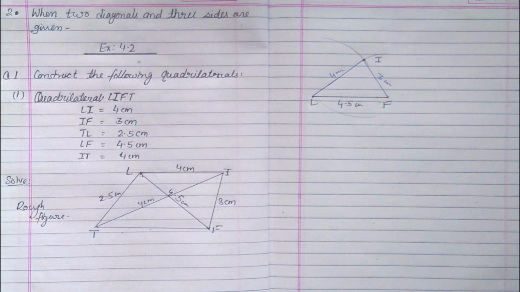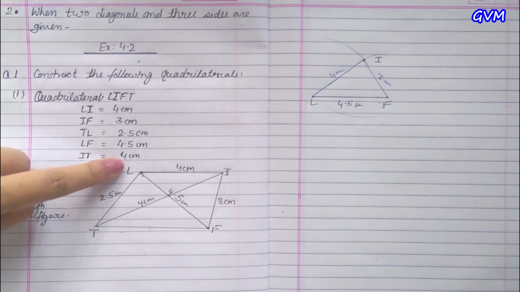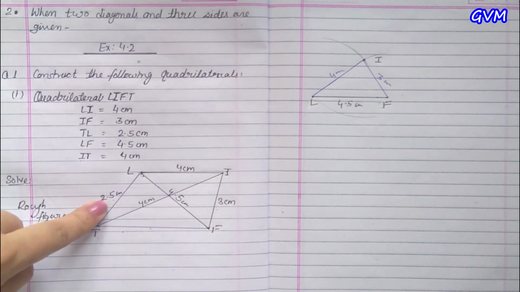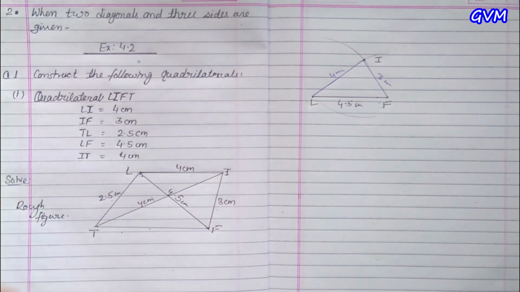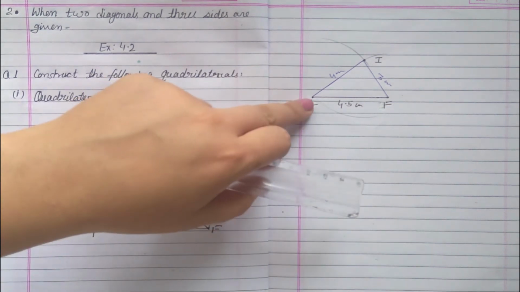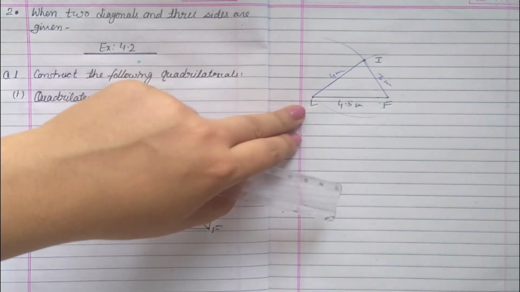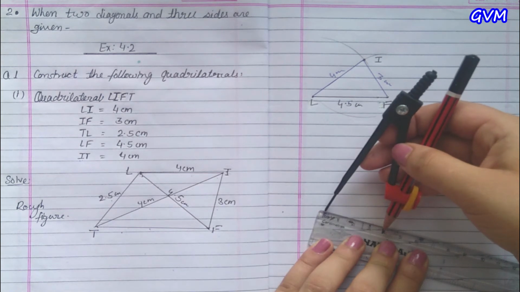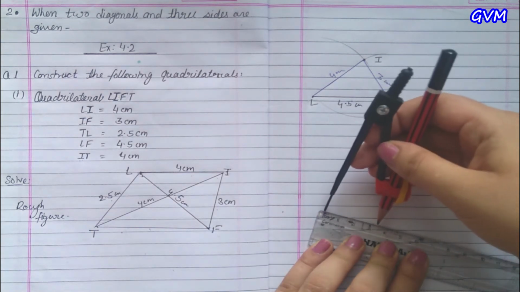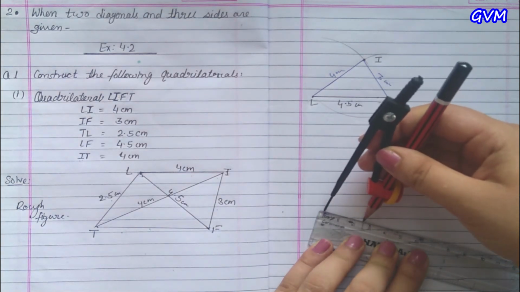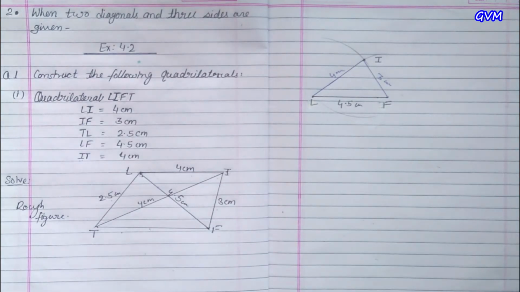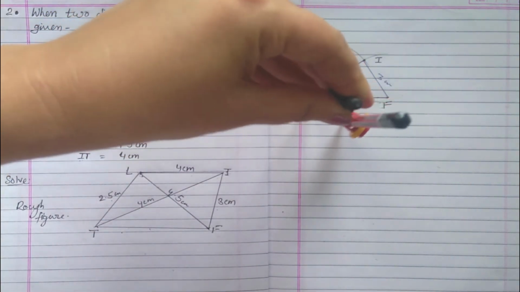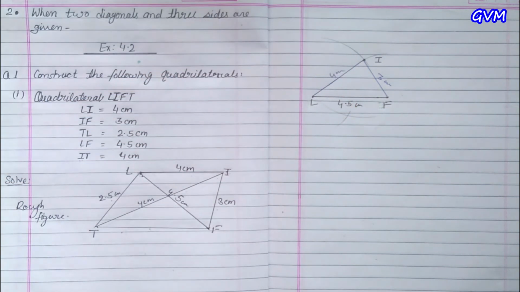Second we have LT, which is 2.5 centimeter, and we need to mark it from L. So take 2.5, put the needle at 0, take the measurement of 2.5, and from L draw the arc.